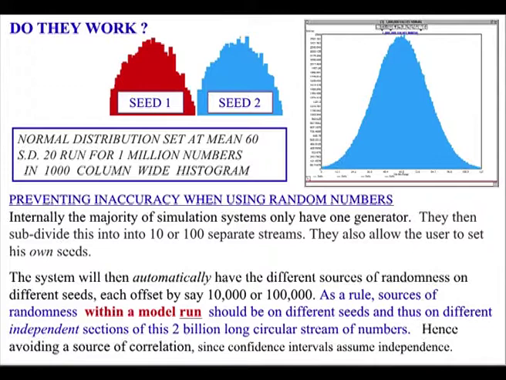As a rule, sources of randomness within a model run should be on different seeds, and thus on different independent sections of this 2 billion long circular stream of numbers, hence avoiding a source of correlation since confidence intervals assume statistical independence.